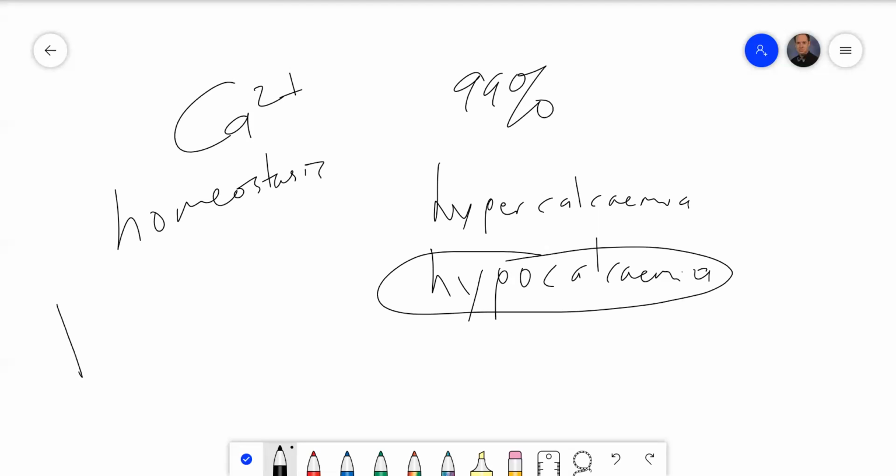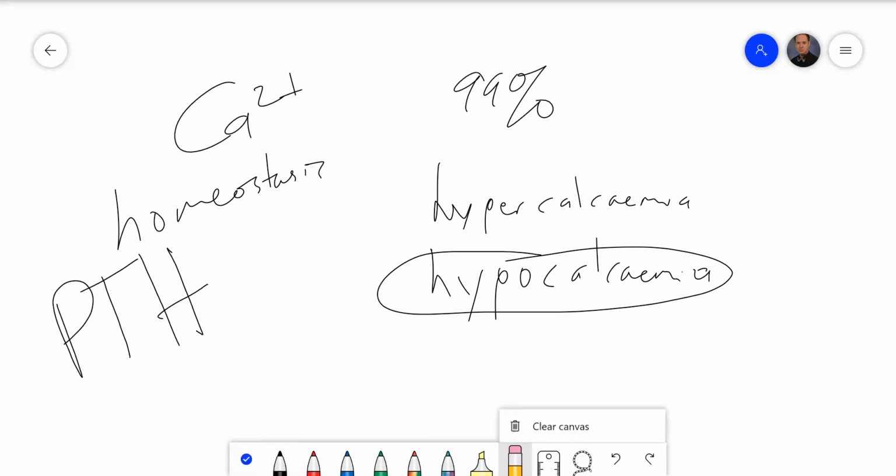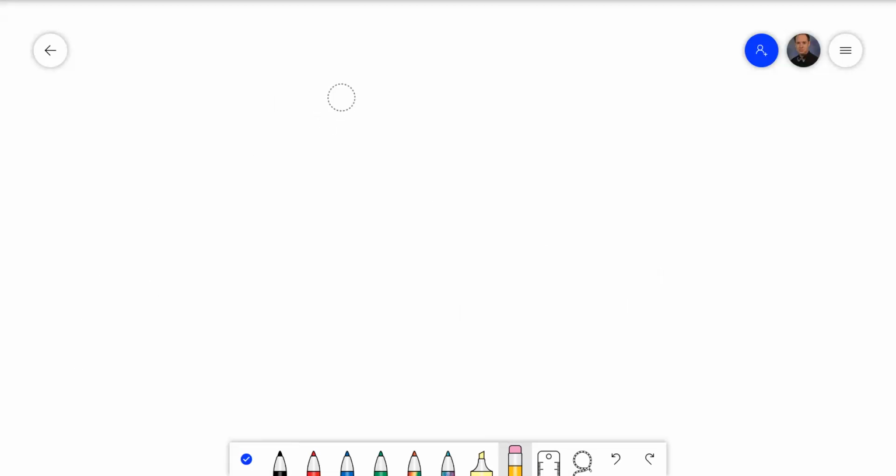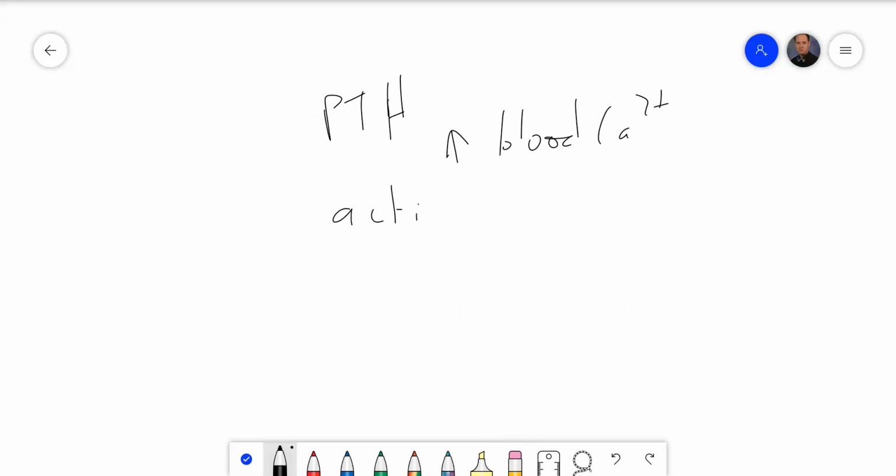The major hormone for calcium homeostasis is parathyroid hormone. How does it work? Well, parathyroid hormone raises blood calcium. How does it do that? It activates osteoclasts.